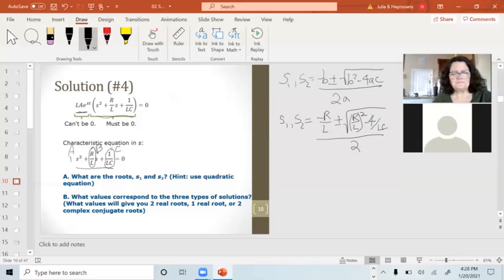Okay. Two solutions. Does it matter which one I pick for S1 and S2? In this case, the answer is yes.